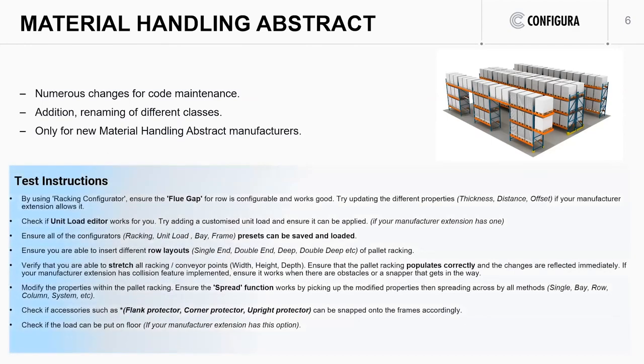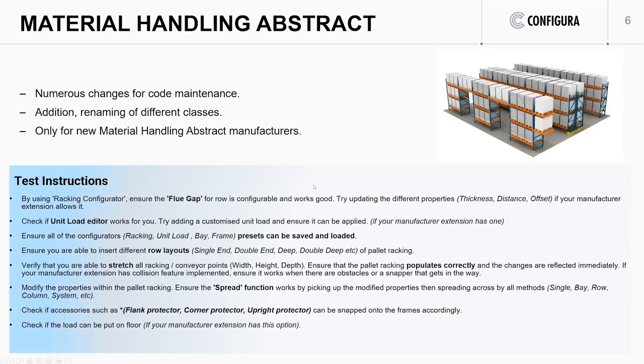So with the code maintenance, we highly recommend following these test instructions just to make sure all of these functionalities still work for you. Now I'm going to be going through each of it by using a racking configurator. Ensure that the flue gap for row is configurable and it works as before.